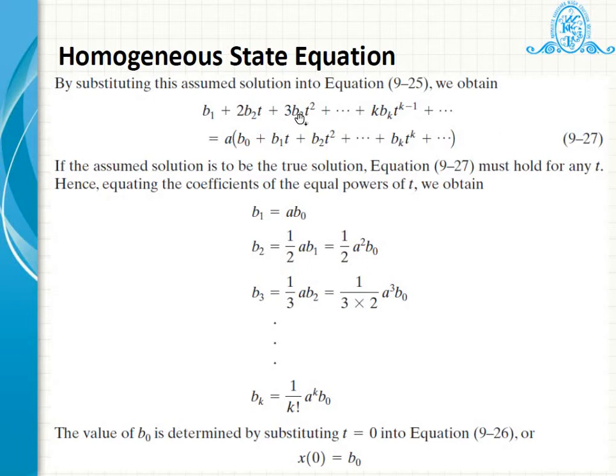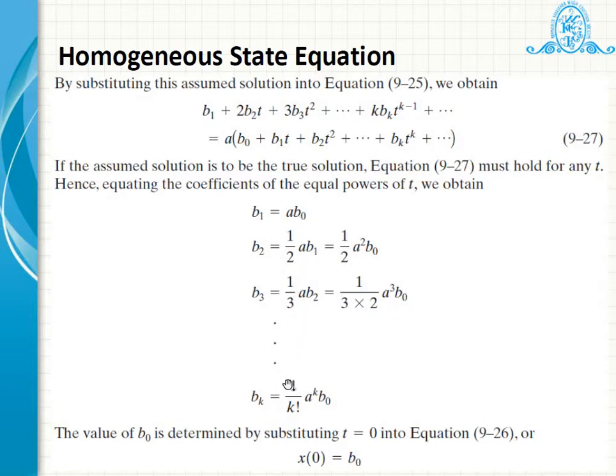Dividing both sides by 3, we get b3 is equal to 1 upon 3 into a b2, and b2 is already determined here, so substituting b2, it will be 1 upon 3 multiplied by 1 upon 2 a cube b0, and so on.